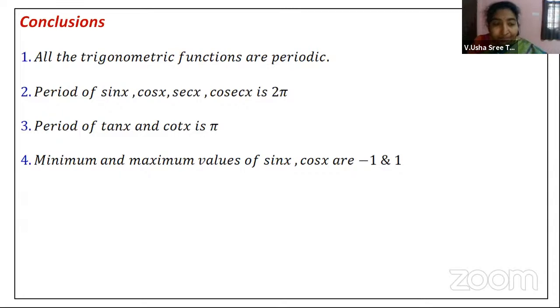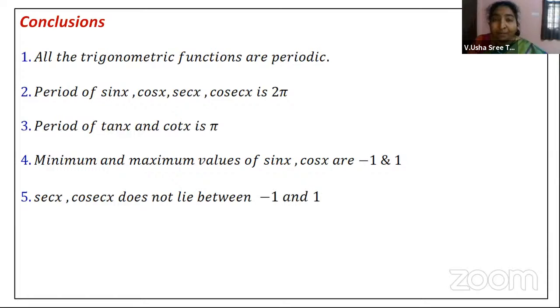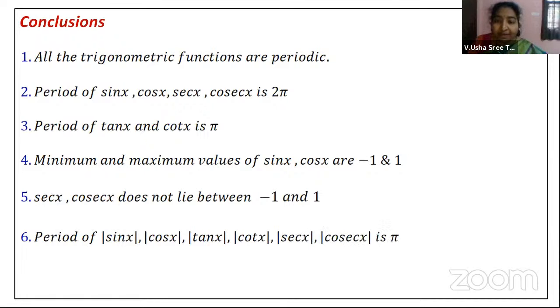Then secant and cosecant values: secant and cosecant do not lie between minus 1 and 1. Between minus 1 and 1, the values are not lying. And at the same time, when you take all these 6 trigonometric ratios with the modulus, all the positive values will of course remain positive.